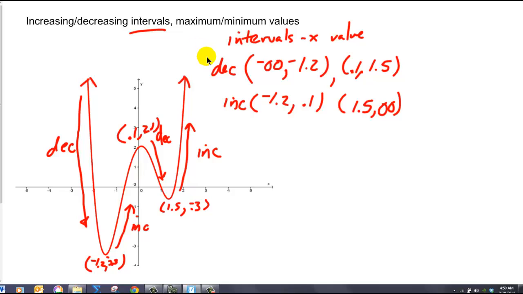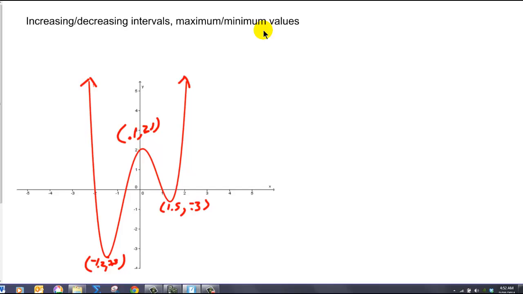In terms of maximum and minimum values, we talk about the highs and lows of the graph. Now this graph continues in the upward direction forever when x is very small and x is very big, but we notice that we have some plateaus, one being a high point right here, a low point here, and a low point here. When we talk about high points and low points, that's when we talk about maximum and minimum values.